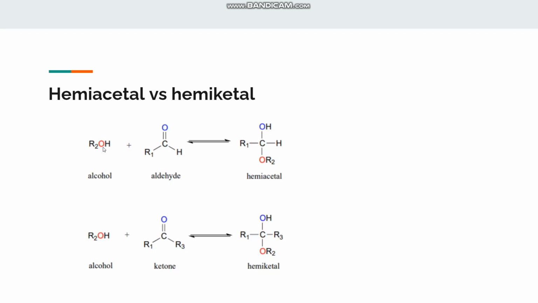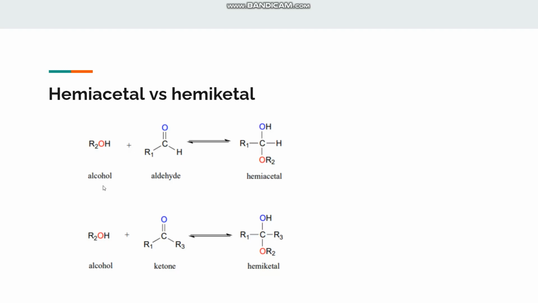Essentially, what ends up happening is that this one reacts with this one, and the H here will come up here, and then you'll get the hemiacetal. So R1 remains here. Just to notice, water will get removed, as an elimination reaction.